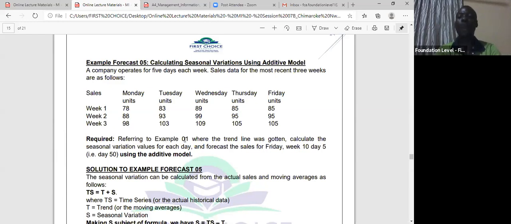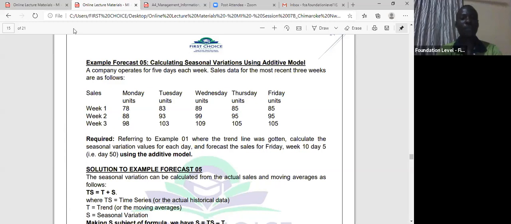Referring to example 1, where the trend line was gotten, we will no longer be finding the trend line because we've done that in example 1. Calculate the seasonal variation values for each day. That's 1. And forecast the sales for Friday, week 10, day 5.